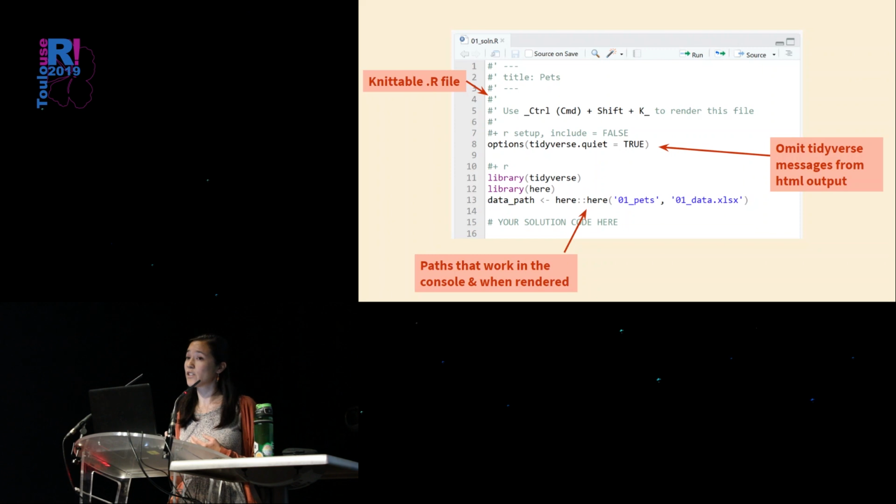This might be a little bit easier sometimes. I've omitted the tidyverse messages here to keep the HTML output a little bit cleaner. And then at the bottom here, I've used the here package to make sure that the paths work both in the console and when rendered, especially since this file is nested deep within the project.